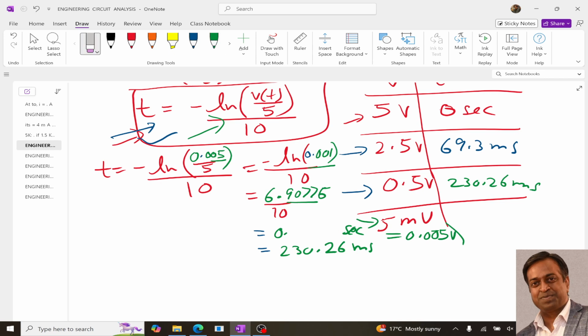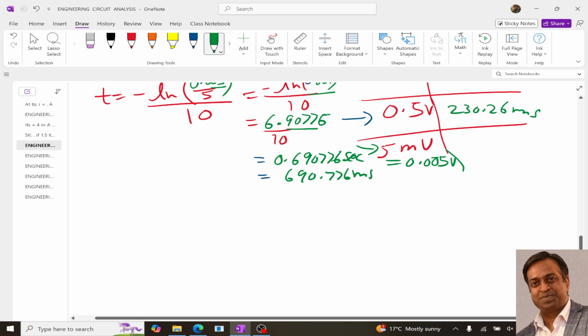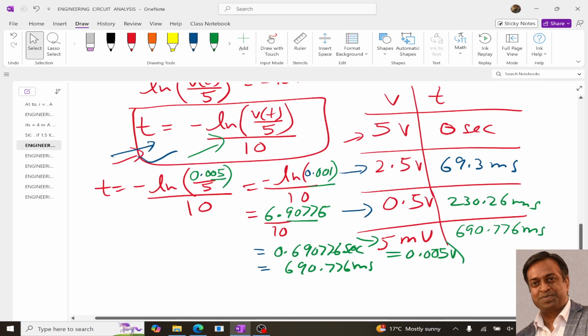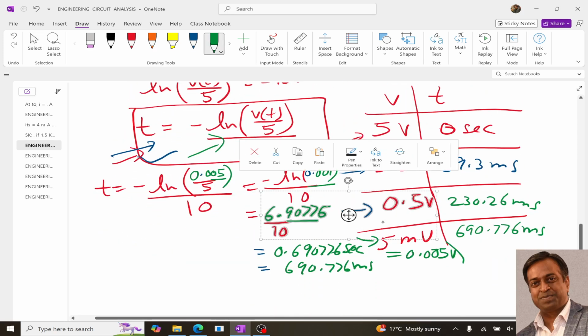So it is 0.690776, so it is 690.776, so it is 690.776 milliseconds, right?